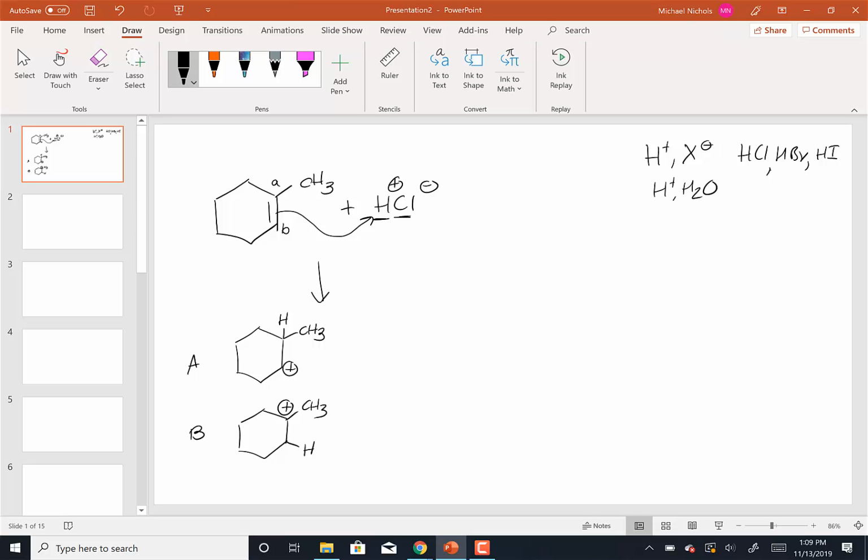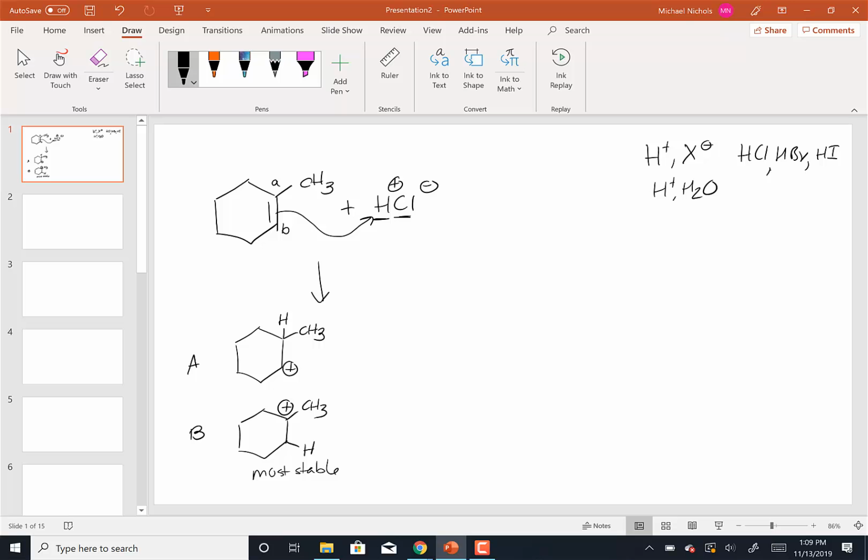Okay, so I see a majority Bs. Why would B be more stable than A? Because it's a tertiary carbocation. What kind of carbocation is A? Secondary. So then the B is going to be the most stable carbocation.